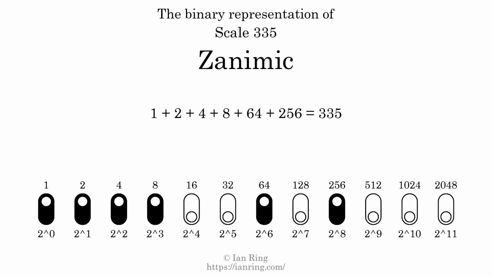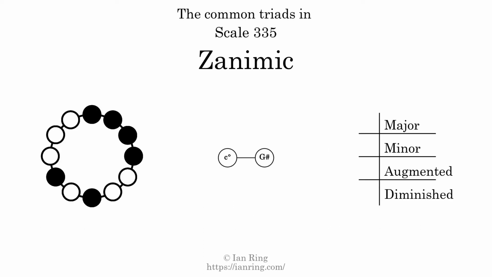That is why the scale number, in decimal, is 335. The scale number not only enumerates the scale with a unique index, but it also literally describes the tonal content of the scale. Represented as a binary number in base 2, the scale number is 0001010011111.